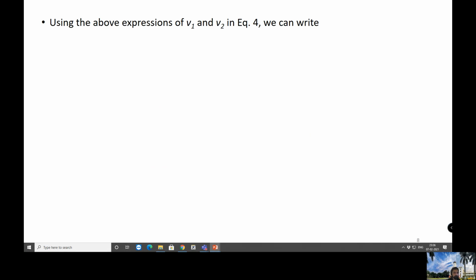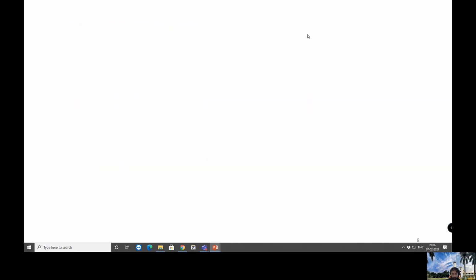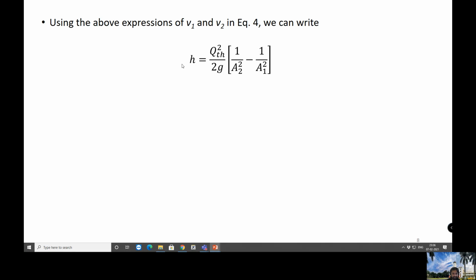Now, if we use these expressions of V1 and V2 in equation number 4, we are going to get H is equal to Q theoretical square by 2g multiplied by 1 by A2 square minus 1 by A1 square. That you can verify on your own.